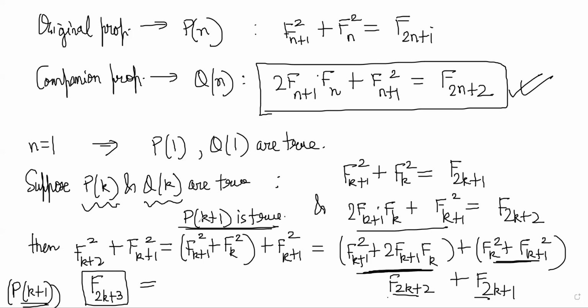So let's write that down. Since, I'll write it on the next screen, since p of k plus 1 and q of k are true, we get these statements.